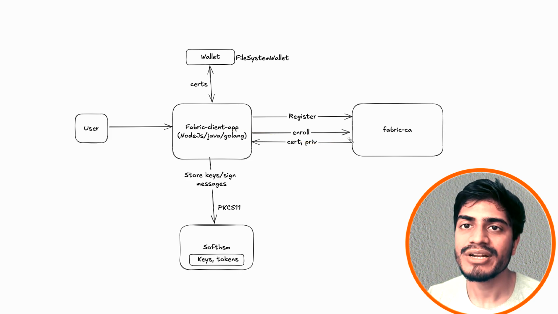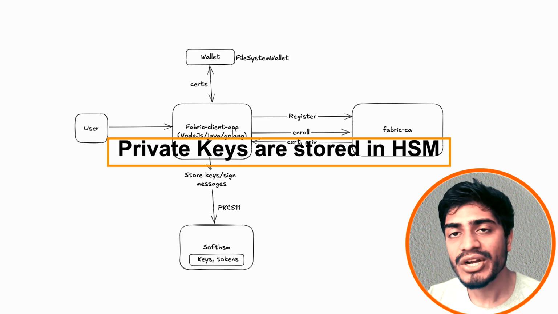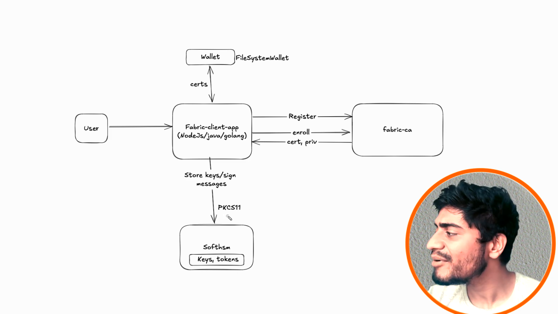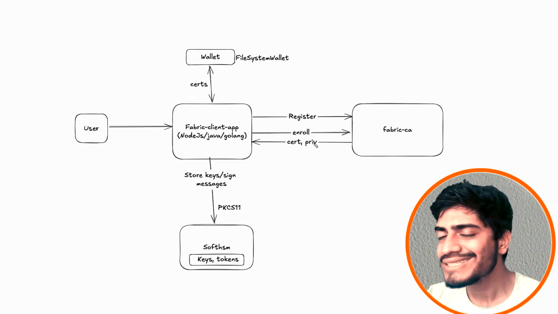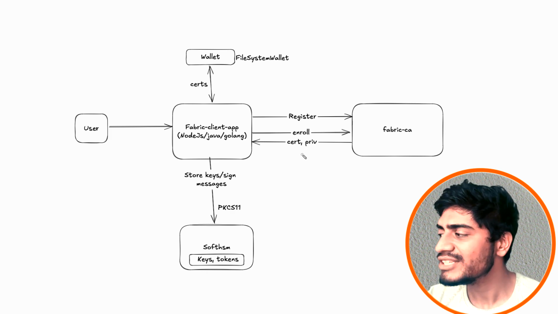And we already know that the enrollment request is to get the certificates back from the Fabric CA. Now, once we get these certificates and the private keys back, these are stored into the SoftHSM. So again, we are using a library called the PKCS11 library that helps us in interacting with the SoftHSM. So these certificates and keys, especially the private key, are stored into the SoftHSM.